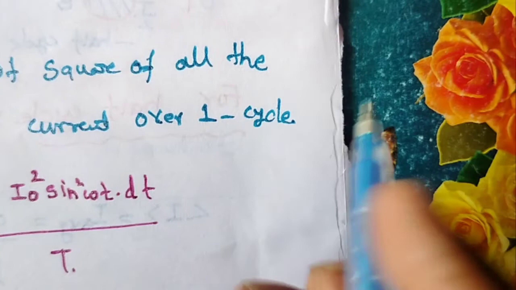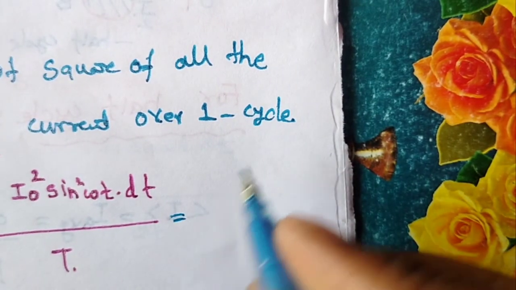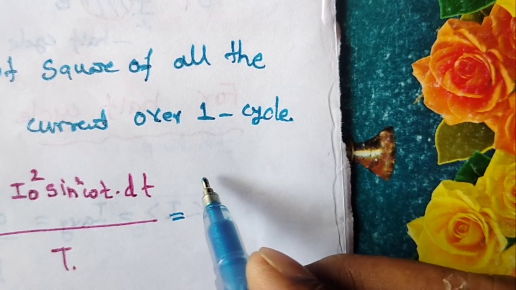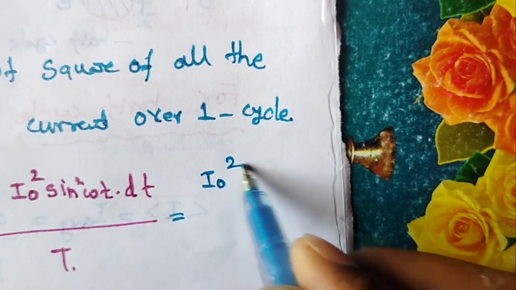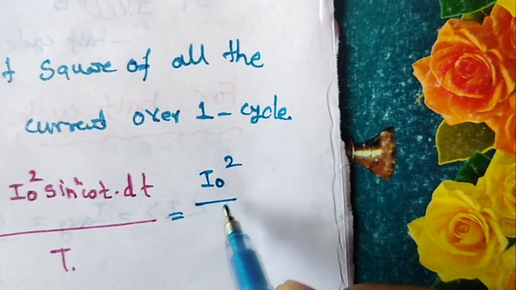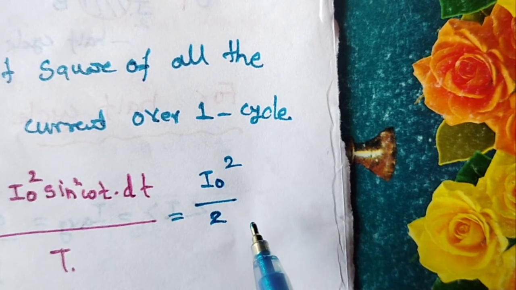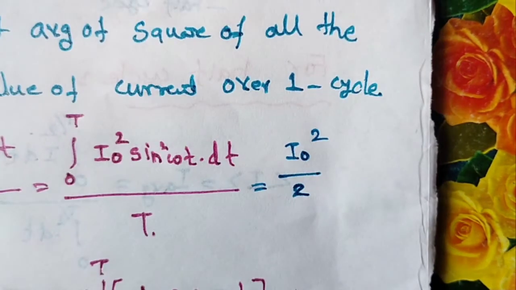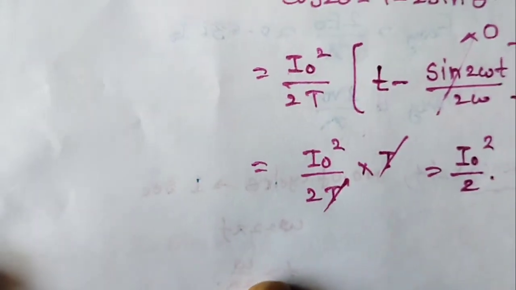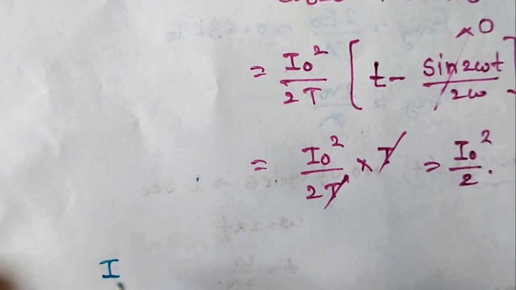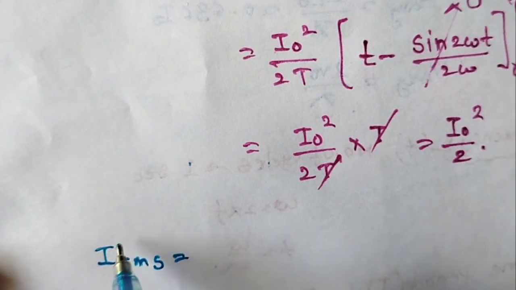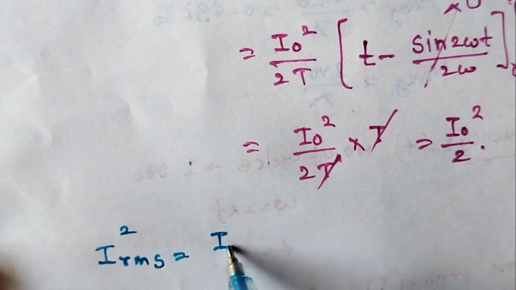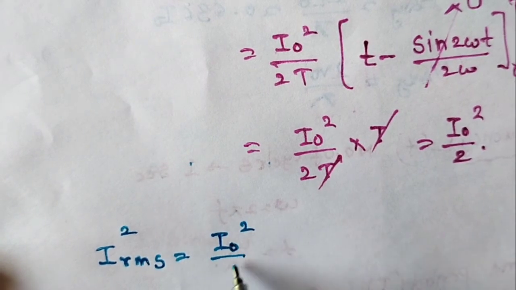So finally, the complete value is I naught square by 2. But I want IRMS. Actually I square RMS, what is the final value? I naught square by 2.